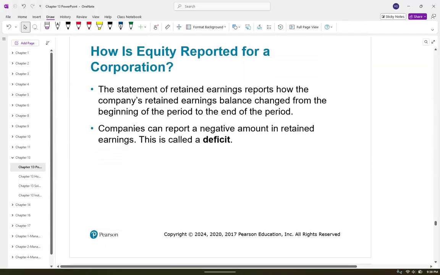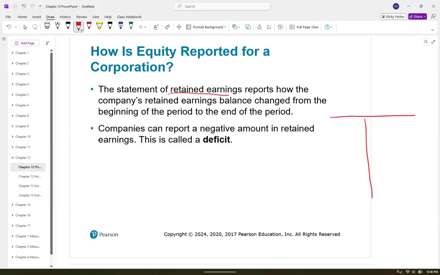We have a statement of retained earnings. This gives us what all increased and decreased retained earnings. Remember, I drew this T account out for you in the last video. And I said we hope we have a beginning balance on that credit side. We would add net income.